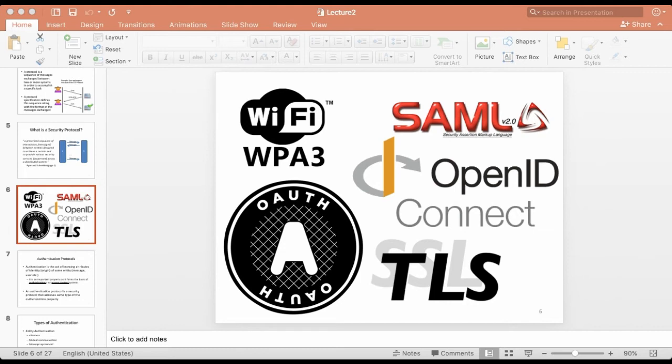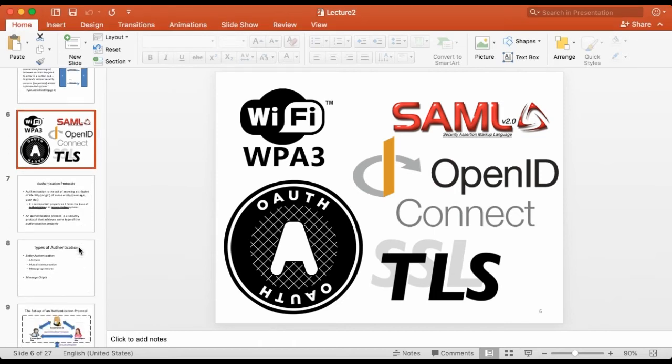Things like OpenID and OpenID Connect are also examples of this sort of security protocol. They are quite heavyweight and complex, and that's because they attempt to solve a lot of problems at the same time.